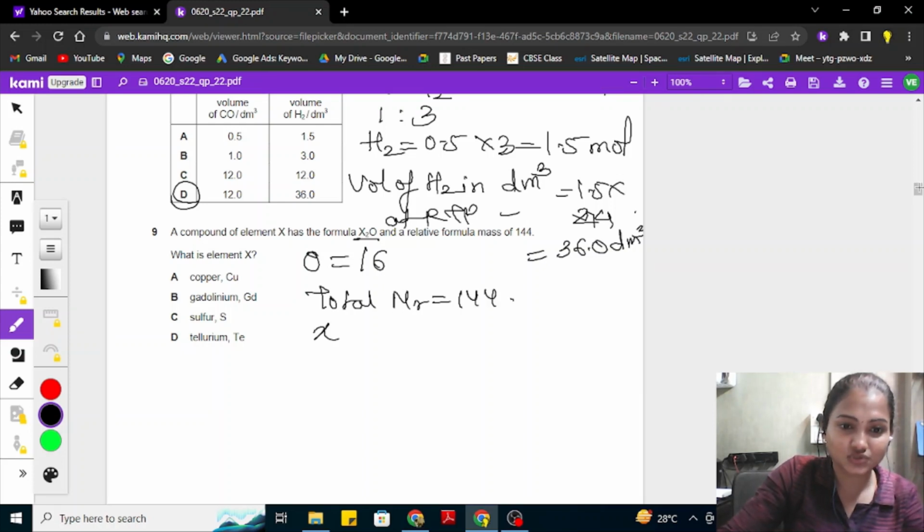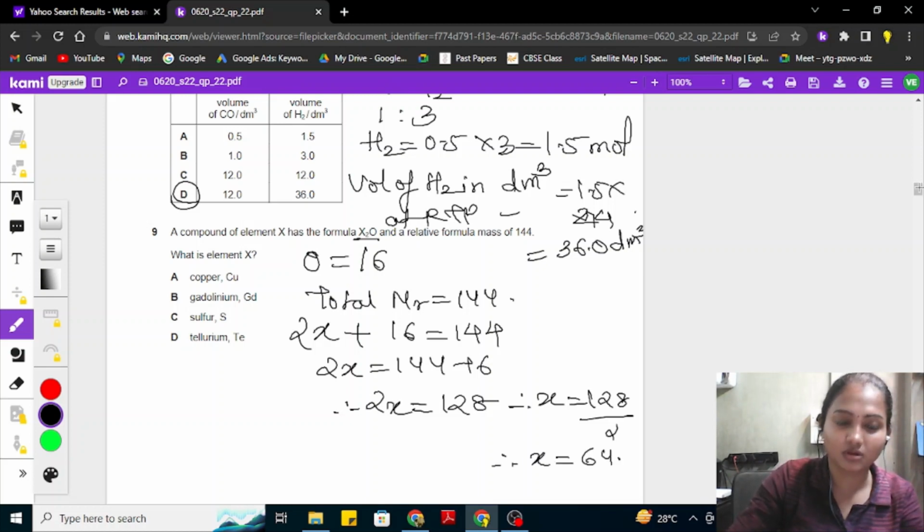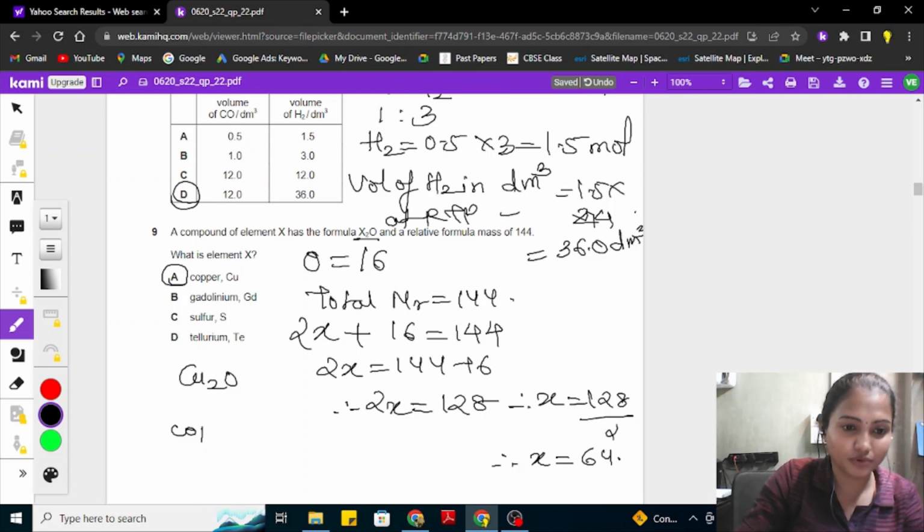So X, which is present twice, plus 16, the atomic mass of oxygen, is equal to 144. So 2X is equal to 144 minus 16. 2X is equal to, which we get as 128. Therefore, X is equal to 128 divided by 2. Therefore, X is equal to 64, and the atomic mass of copper is 64. Therefore, the compound formula is Cu2O. This is a copper oxide.